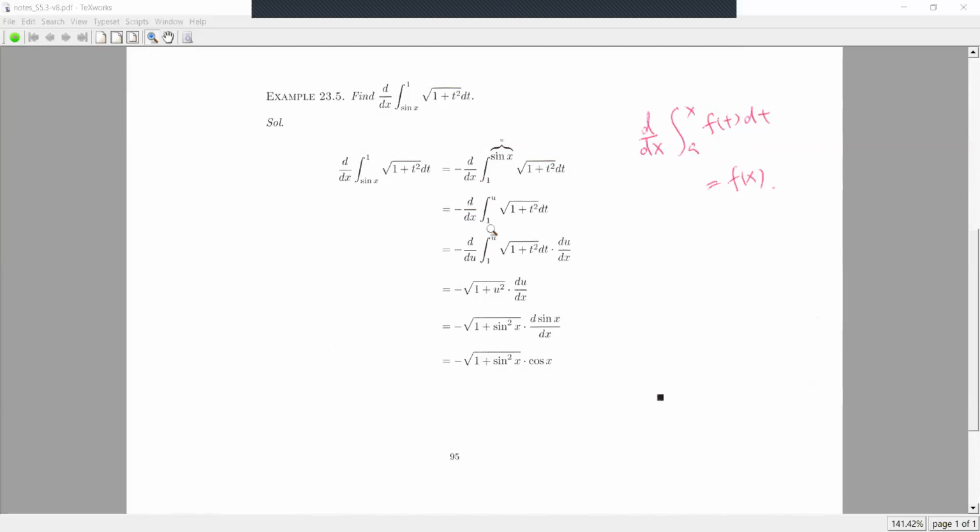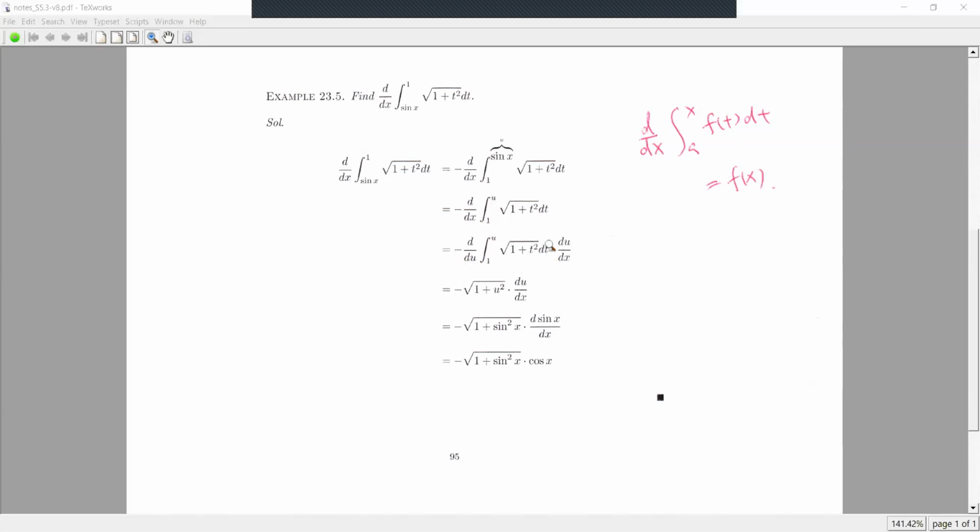Now the upper limit is u, but here it is x, different. To make them the same variable, I insert du in the denominator here. To cancel this du, I put a du here in the numerator. Then move dx here. Again, this step is the chain rule.